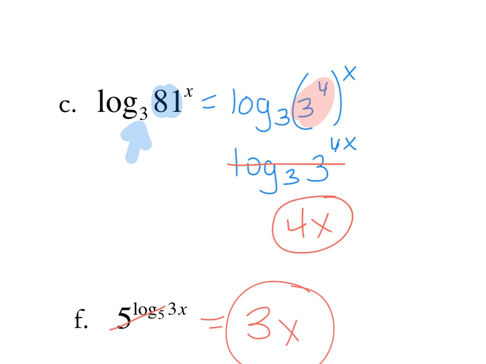So we can rewrite 81 as 3 to the 4th power. Then we can use our exponent rules to multiply 4 and x together and rewrite this whole problem as log base 3 of 3 to the 4x. Our log base and our exponent bases cancel, and I get 4x as a result.